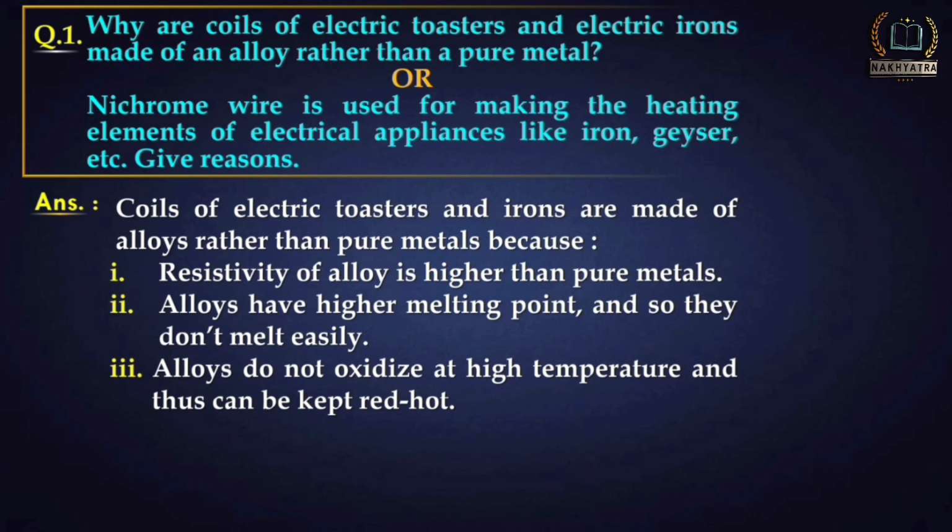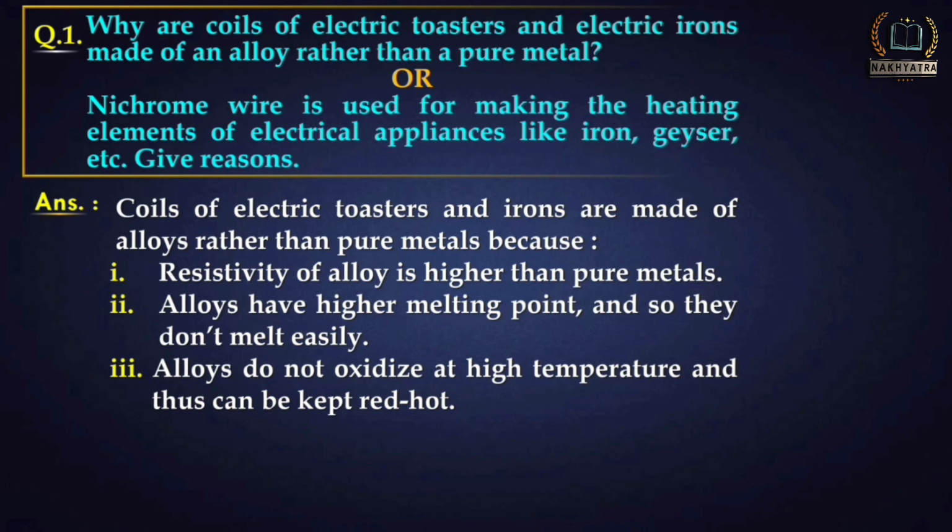Coils of electric toasters and irons are made of alloys rather than pure metals because, first point, the resistivity of alloy is higher than pure metals. So see, pure metals have lower resistivity than alloys. Second point is alloys have higher melting points and so they don't melt easily.